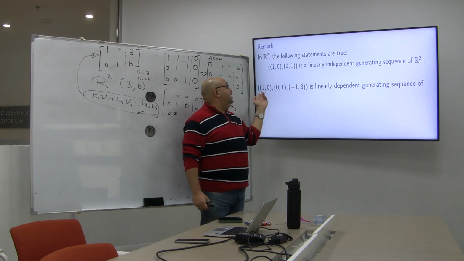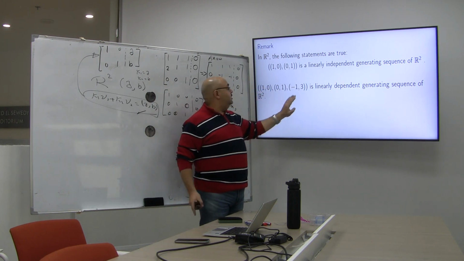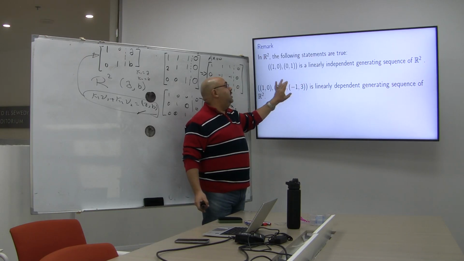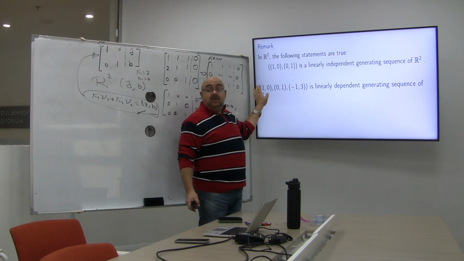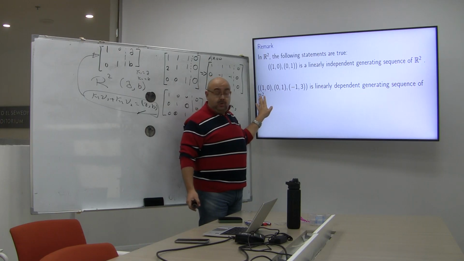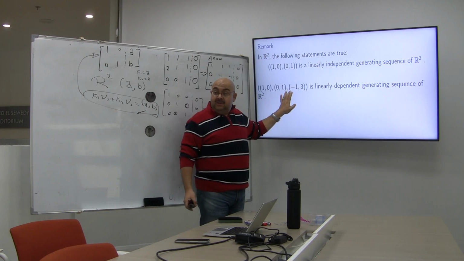Okay? But this linearly dependent set, I can shave it to get a linearly independent set just by removing this vector. So starting with this set, it is linearly dependent, it's not a basis for R2. I can get vectors of R2 from this set of vectors by K1, K2, K3.